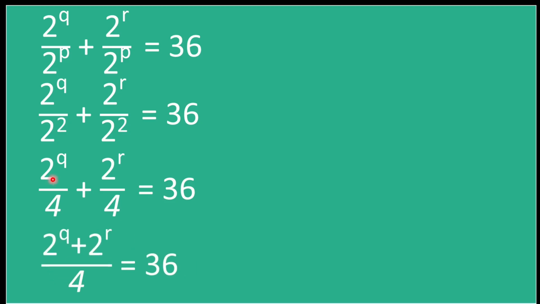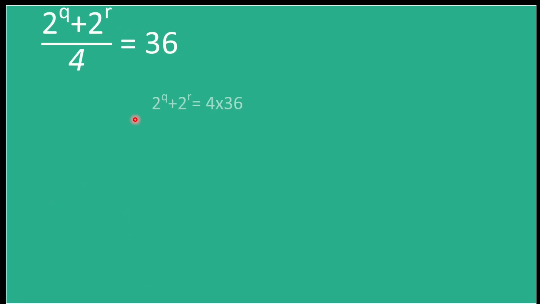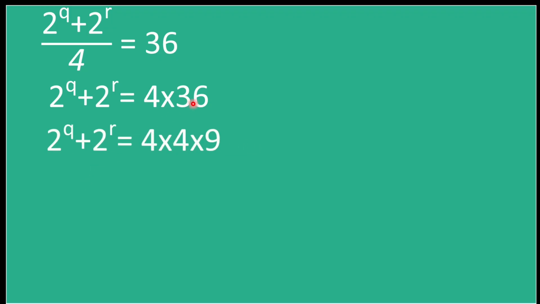After taking the LCM, the equation will become (2^q + 2^r)/4 = 36. Now we can multiply this 4 on the other side of the equation. So our equation will become 4 into 36 equals 2^q + 2^r. And now we can split this 36 as 4 into 9.